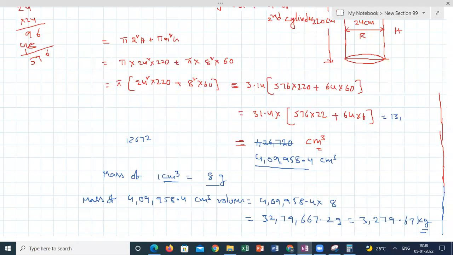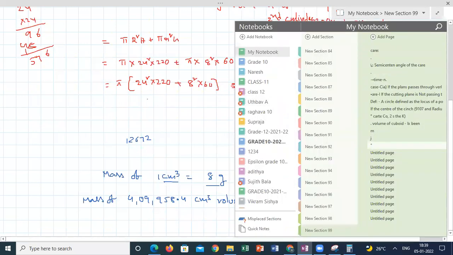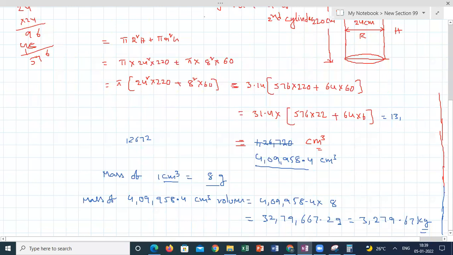Please verify the answer. Is it correct? Shall I move to the next one? Students, please respond. Guys, yes or no? Yeah.